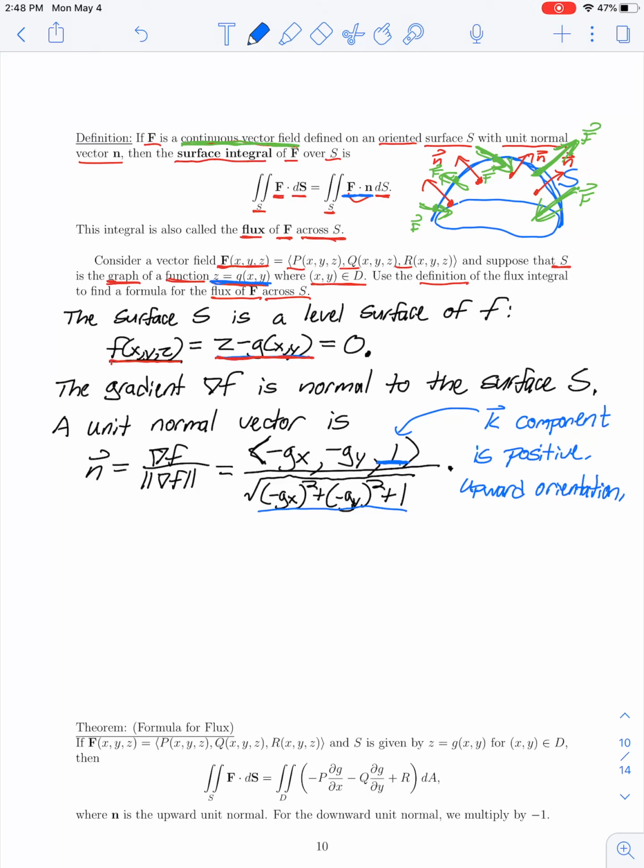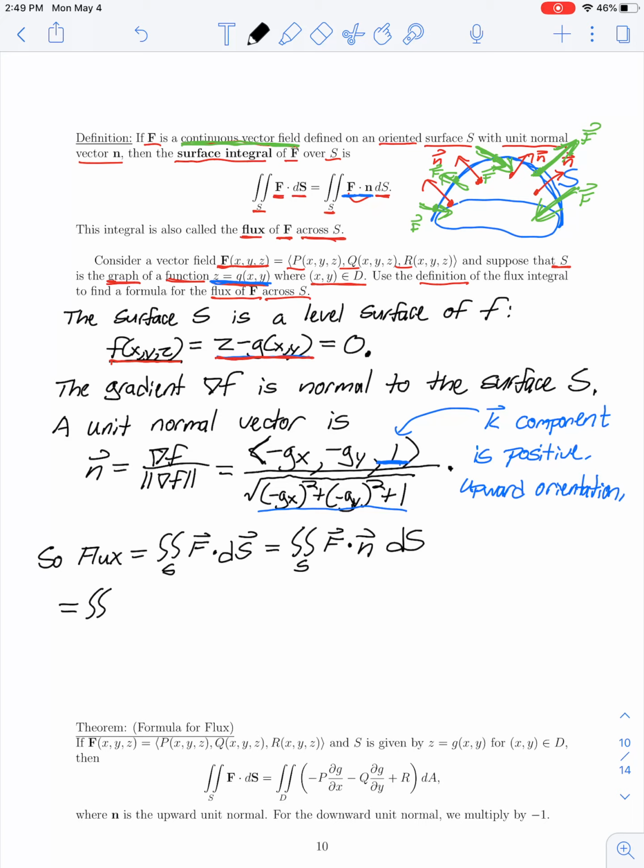So once we have our unit normal vector field, we're ready to use the definition to find our flux integral. So here, the flux of this vector field across the surface is calculated as the surface integral over the surface S of our vector field F dot product with the unit normal vector, integrating with respect to surface area. So let's look at this dot product that we have.